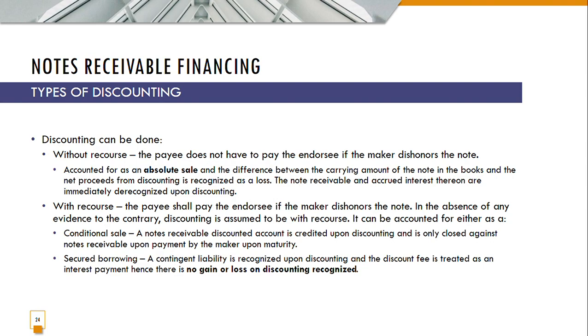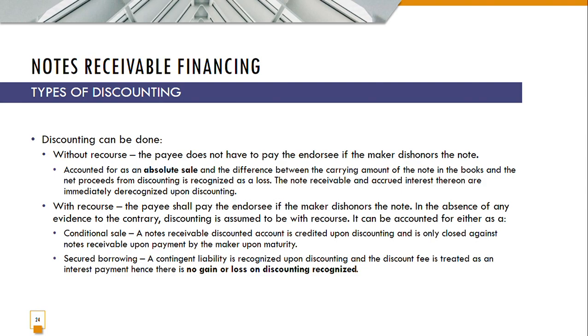When accounted for as a conditional sale, there is a contingent liability. A notes receivable discounted account is credited, and it's closed against notes receivable only upon payment by the maker upon maturity.